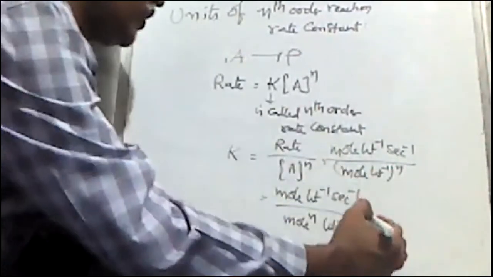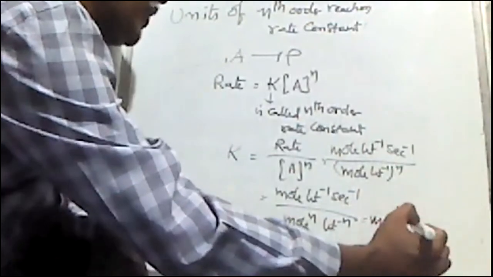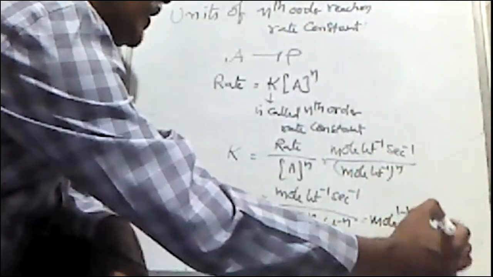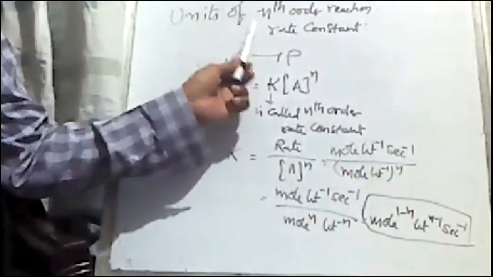If I take them to the numerator, then what will happen? Mol^(1-n) L^(n-1) s⁻¹.